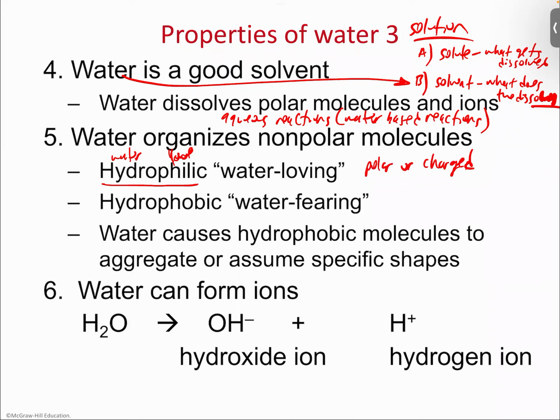Now, the alternative would be the hydrophobic. So hydro, of course, means water. Phobic, for phobia, means fear. These are the water fears. So these guys would be the nonpolar and uncharged molecules. But certainly nonpolar.